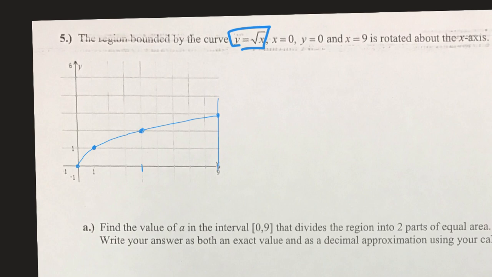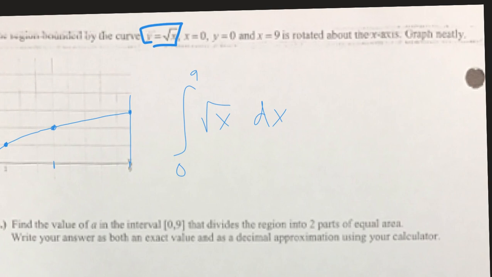Let's take a second and find the area, because we're probably going to need it, from 0 to 9 of root x dx. So the antiderivative of root x, that's x to the 1/2, so we add 1 to the power, which is 3/2, and then divide by your new power.